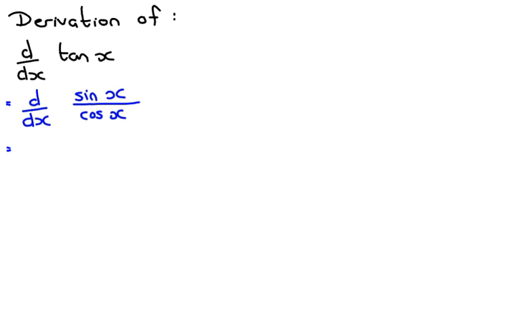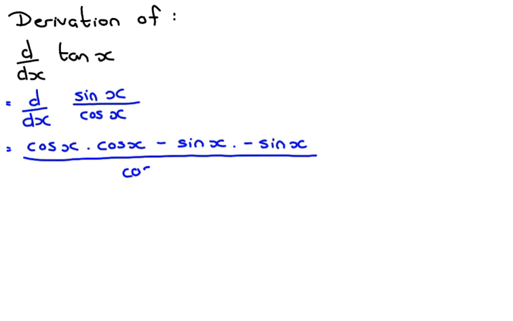First the derivative of the numerator, the derivative of sine x is cos x, multiplied by the function in the denominator as it stands, minus the function in the numerator as it stands, multiplied by the derivative of the denominator, which we've just found is negative sine x, divided by my denominator squared.